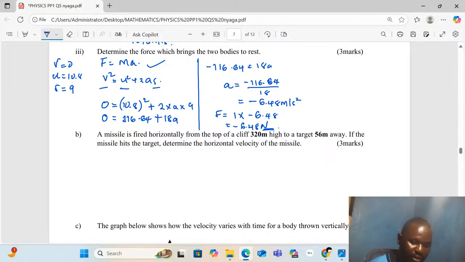We have an application question where you need to think critically. Part B. A missile is fired from the top of a cliff 320 meters high to a target 56 meters away. If the missile hits the target, determine the horizontal velocity of the missile. So we need to interpret this one.